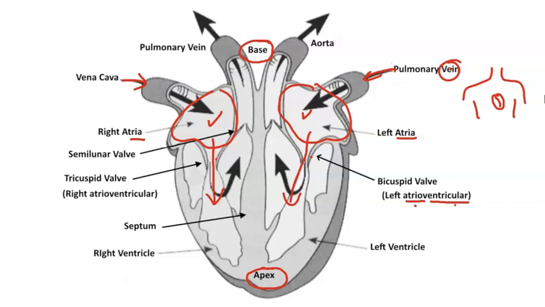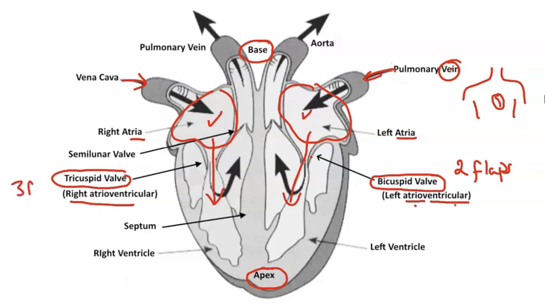Older textbooks will refer to this as the bicuspid valve on the left, with two flaps on the valve, whereas the tricuspid valve on this side, the right atrioventricular valve, would have three flaps.